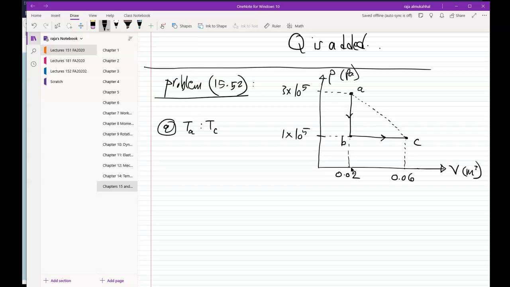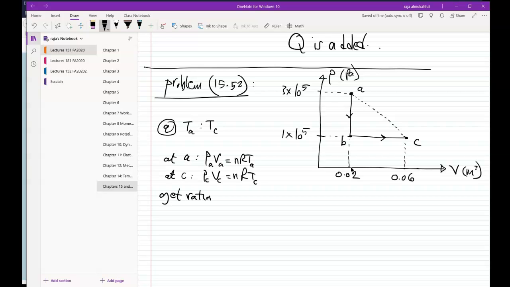All right, so at A, P sub A, V sub A equals NR T sub A. And at C, excuse me, it's P sub C, V sub C equals NR T sub C. Let's get the ratio.